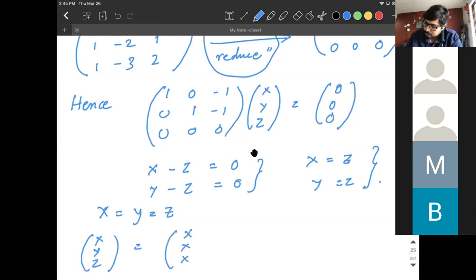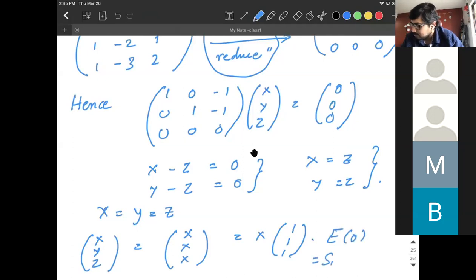All the components being the same, so this is simply x times this specific vector, 1, 1, and 1. So E of 0 is given simply by the span of this particular vector. This vector 1, 1, 1 is one particular eigenvector for this eigenvalue 0. But anything in the span of this vector is also an eigenvector.